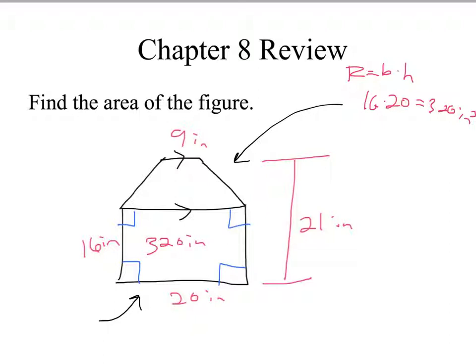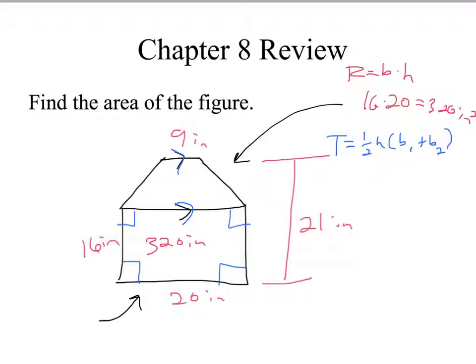Now, we get into the trapezoid. Why do we know it's a trapezoid? Well, if you look at this, we have parallel sides. One set of parallel sides here tells me that that is going to be a trapezoid. If you remember, our formula of a trapezoid is half times your height times B1 plus B2.